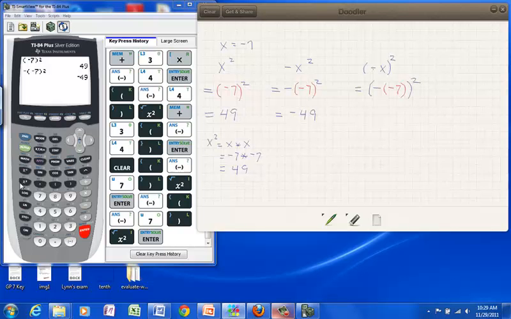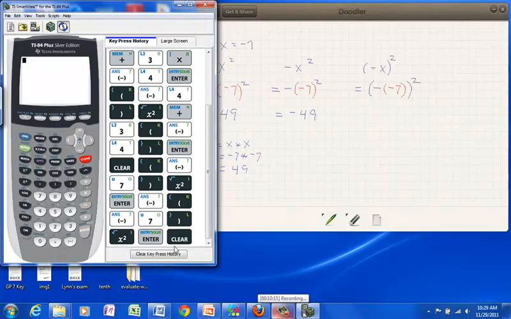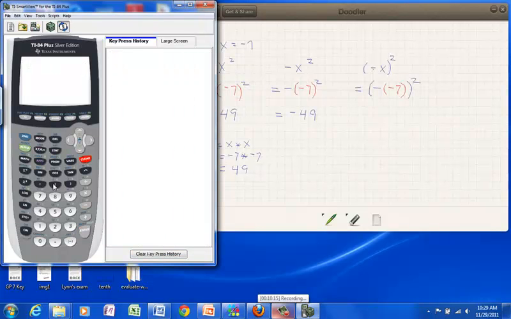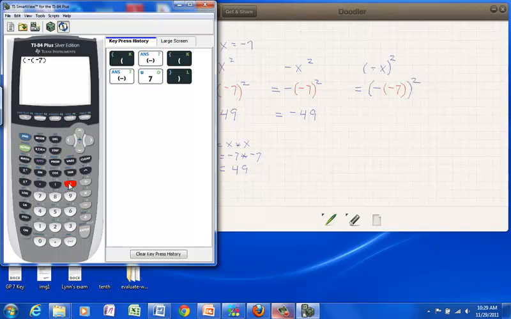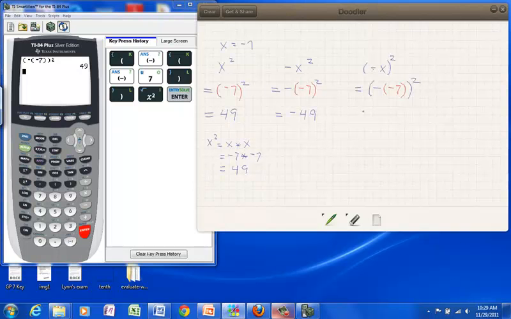Evaluating that, the result of this expression is positive 49.